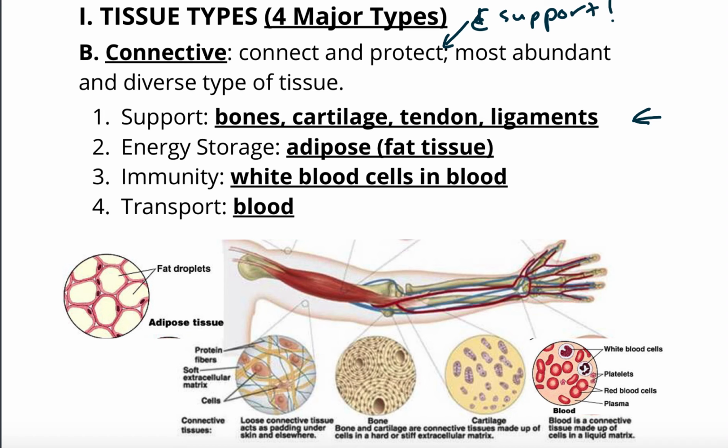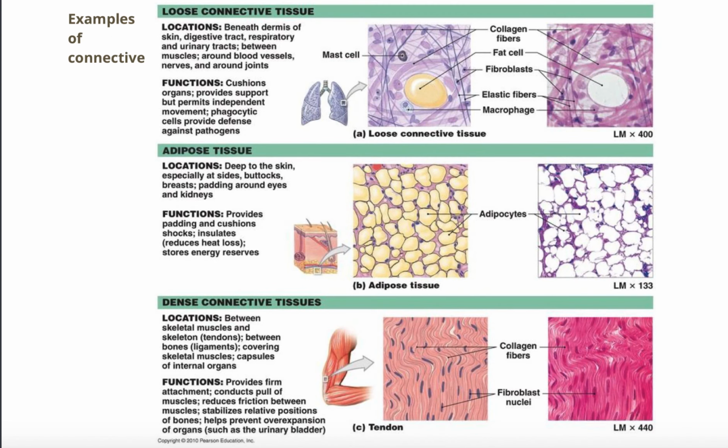So a big one is blood. So blood is considered a connective tissue. It's made of equal parts liquid and cells, and that liquid can be used to help move things around, and the cells within the liquid also help play a role in grabbing things and helping to transport them around your body, like oxygen.